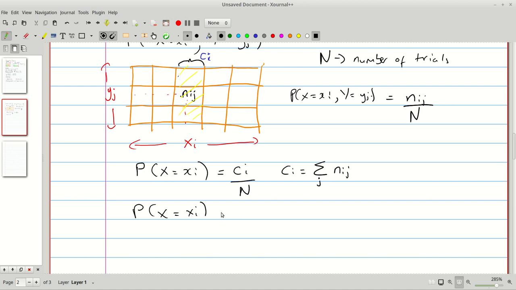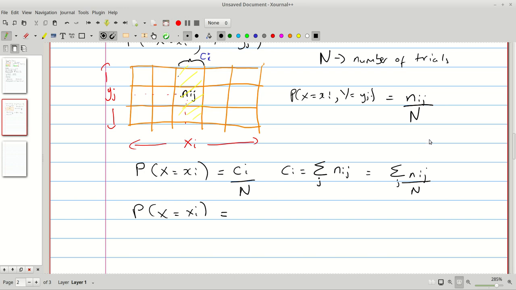should be equal to, well, we said the probability that x equals xi is ci over n, right? And then we say this is the summation of nij, that's what ci is. So if we replace this ci, we will have the summation over j of nij over n.